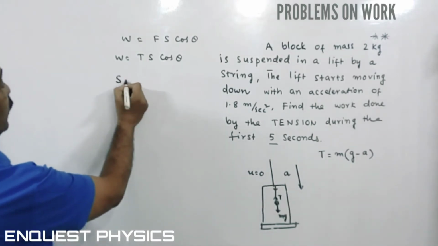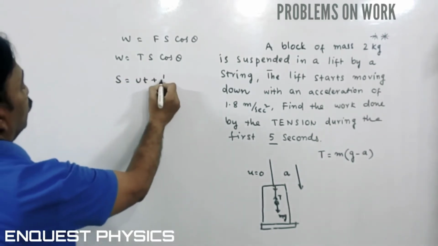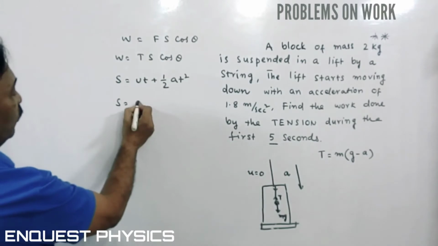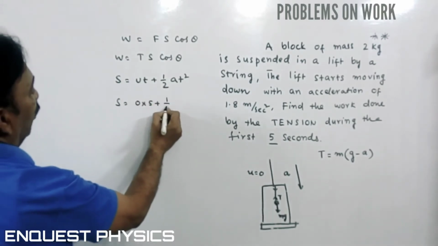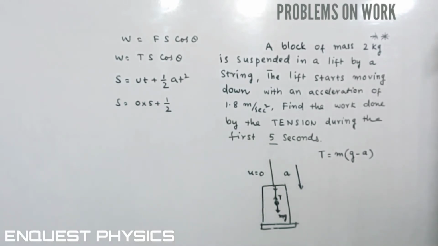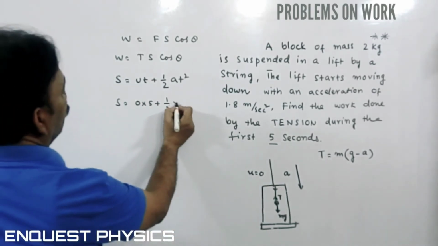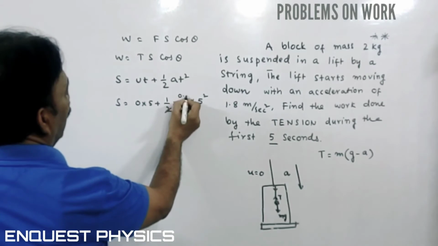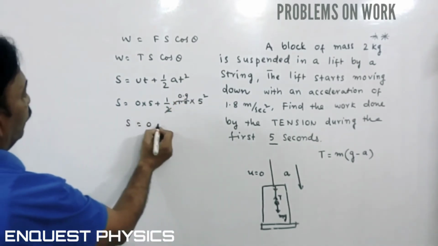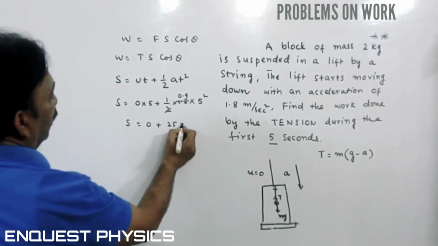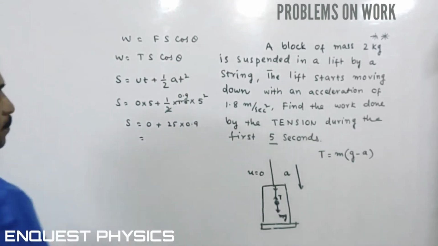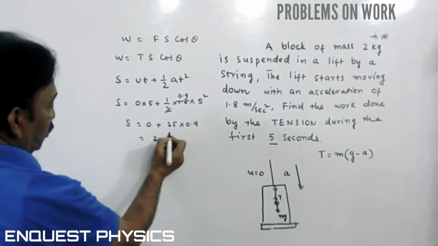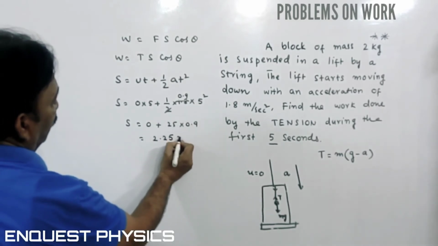Then I am using the equation s is equal to ut plus half at square to find out the displacement. s is equal to 0 into 5 plus half into acceleration 1.8 into 5 square. s is equal to 0 plus 25 into 0.9, and we get the displacement, 22.5 meter.